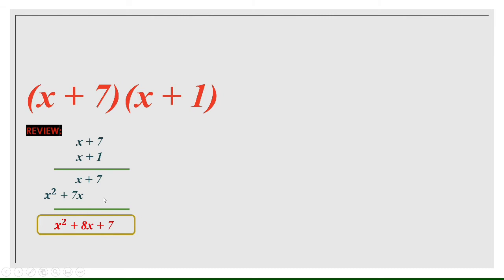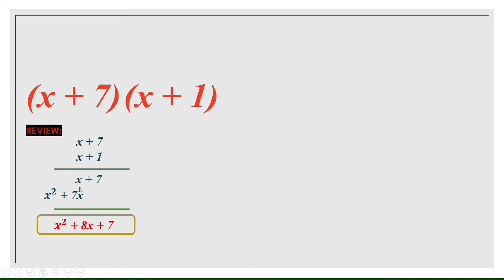So, how did we come up with that? So, dinrag natin si 7 kasi we don't have any numbers to add with number 7. And we will be getting 8x for the reason that we will be adding x plus 7x. So, like what I've told in the earlier discussions or sa previous vlog natin, kapag walang numerical coefficient sa tabi ng isang variable, it is considered that the numerical coefficient is 1.